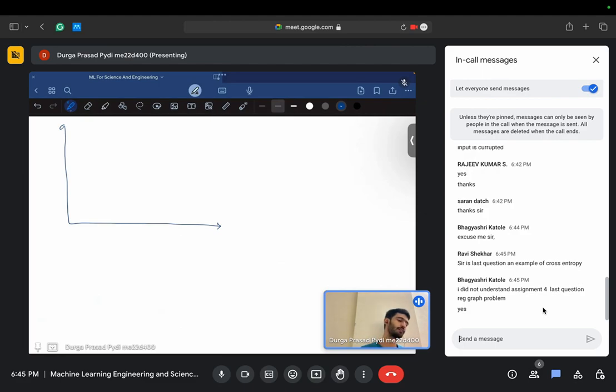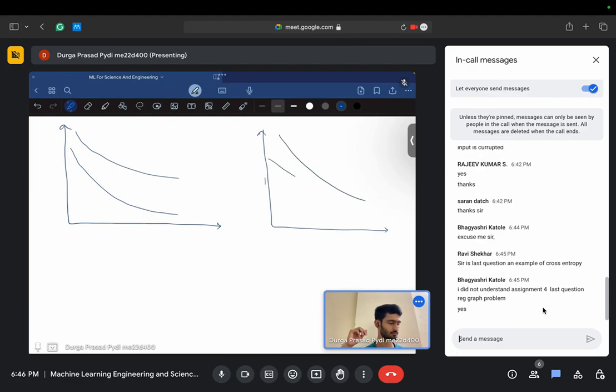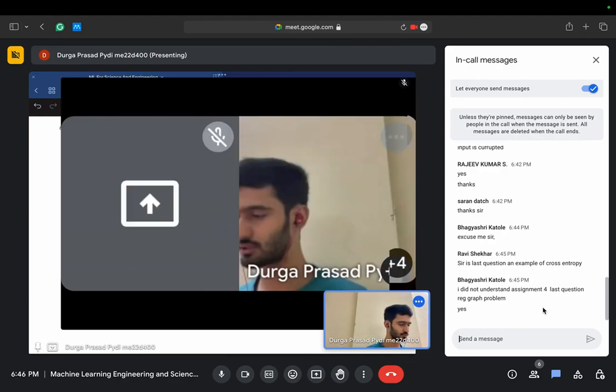So how do you understand whether your model is correct or not? So training is what your model, so you have something like this. If I recollect correctly, you'll have something like this, and then something like this. Just give me a second, I'll open the question.